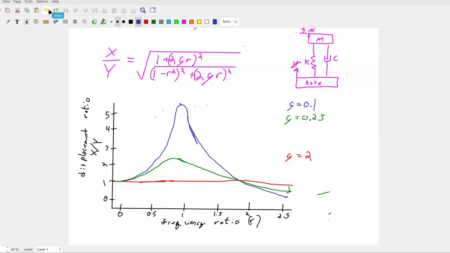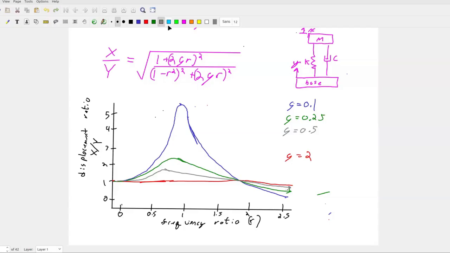And if I have another one, go gray, of zeta equal to 0.5, I'm actually going to peak at about 0.75. And then I'm going to come out here like that.